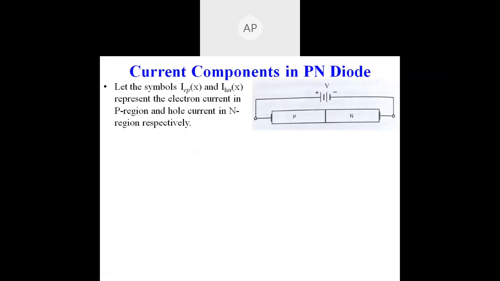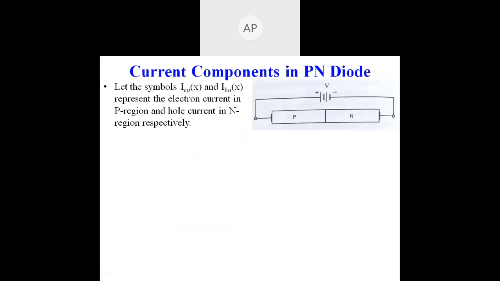Now, what are the current components associated with the PN junction diode that we need to observe? We know that if we consider no external voltage is applied, there is recombination near the junction.